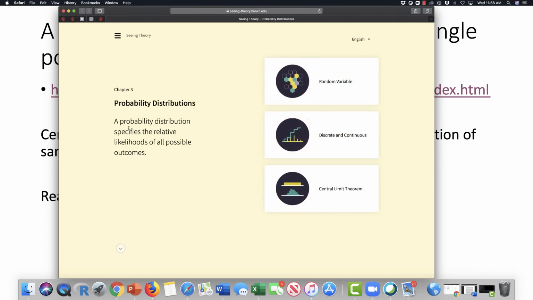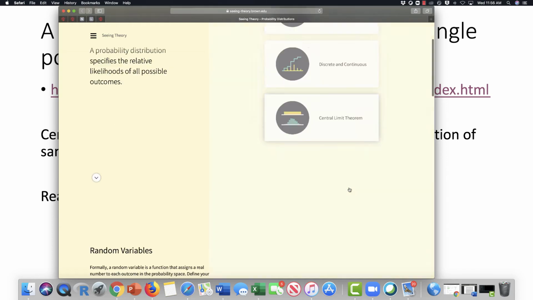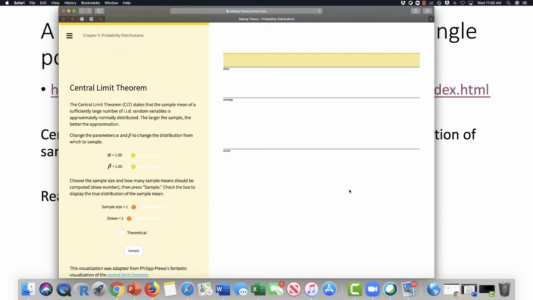This is at Brown University, and they have these animations of probability distributions. And I'm actually going to skip down to the central limit theorem. And I just want to show you what I mean by many random samples from the same population creating means that have a normal distribution.